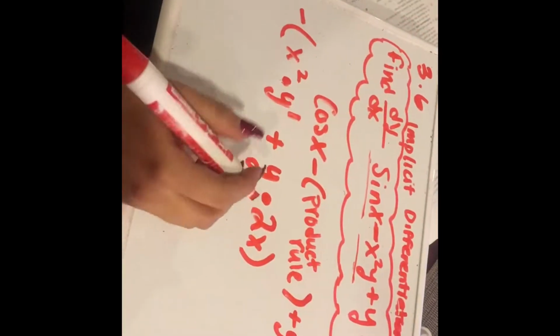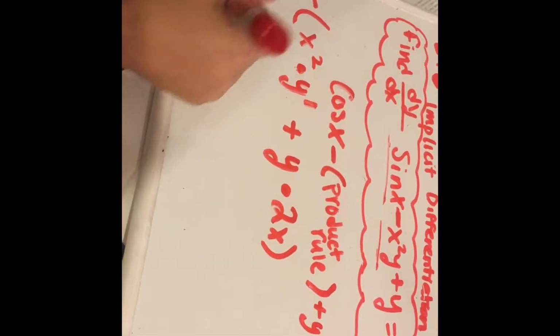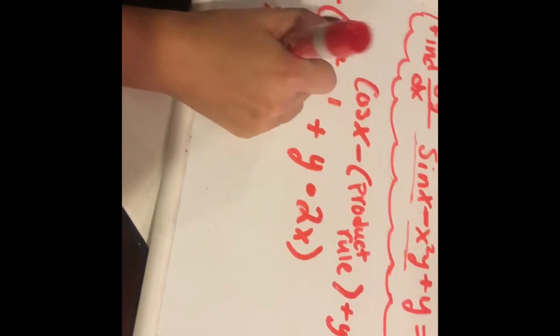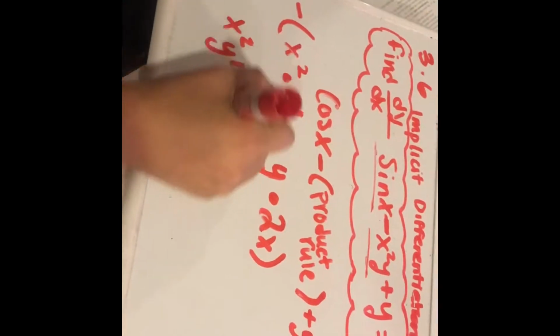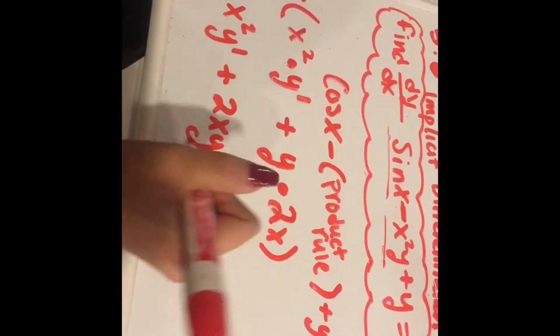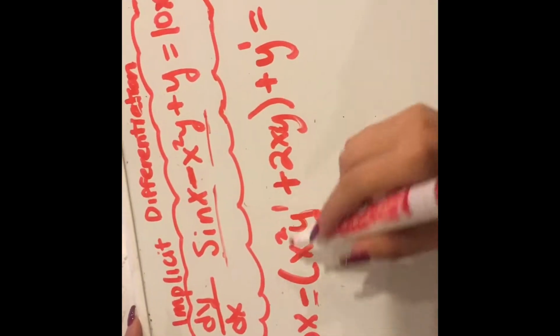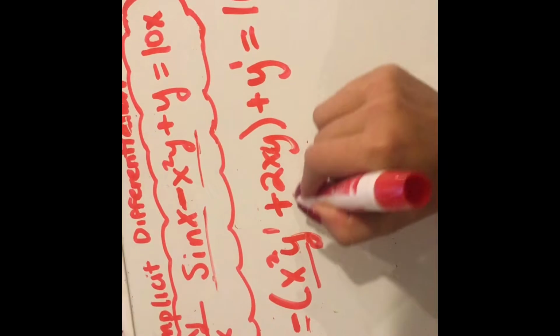So I'm just going to rewrite this to make it more condensed. It is x squared y prime plus 2xy. Now we're going to plug this into the equation up here. We distribute this negative sign to this and this.